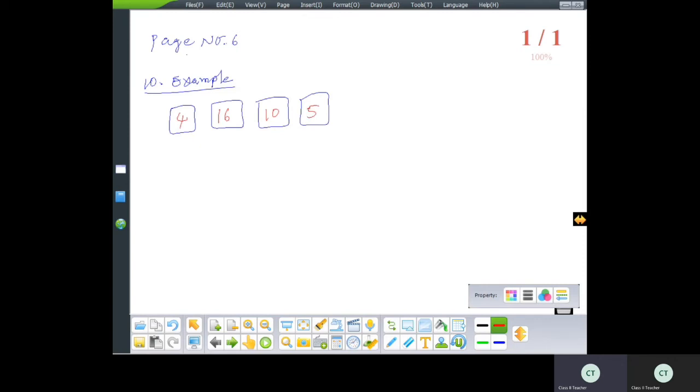We write which is the biggest number and which is the smallest number from the given numbers.